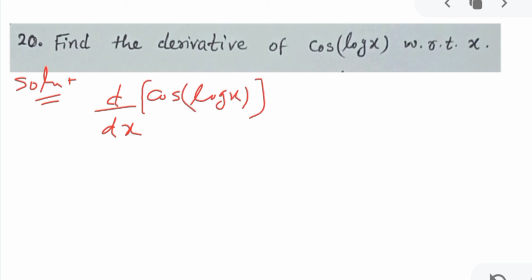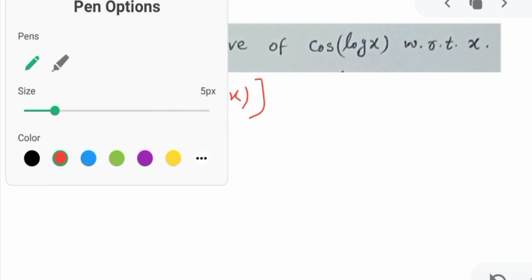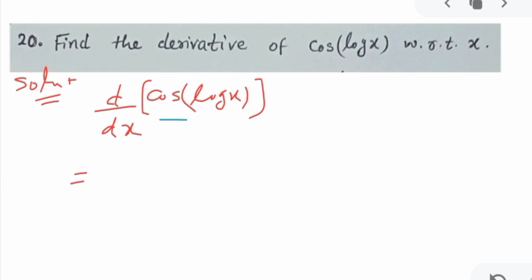So how we will do this? You have studied the chain rule, right? I explained the chain rule in previous videos also, I uploaded it on my channel. So we'll use the chain rule to solve this question.